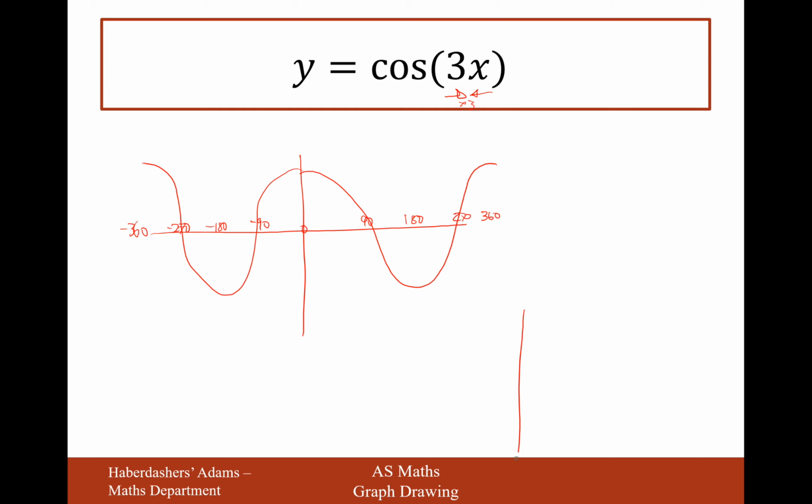And the answer to this question is it's going to be squished in by a scale factor of 3. So it's going to do very quick up and down. So 30, 60, 90, 120. And the same on the left hand side, quick up and down, 30, 60, 90, 120, but obviously all negatives. Okay, so there we are, that's the answer to this question.